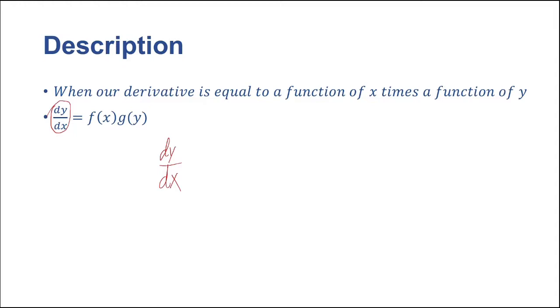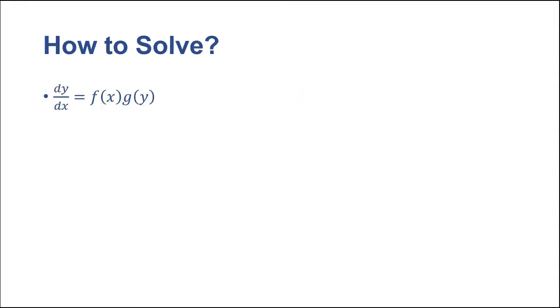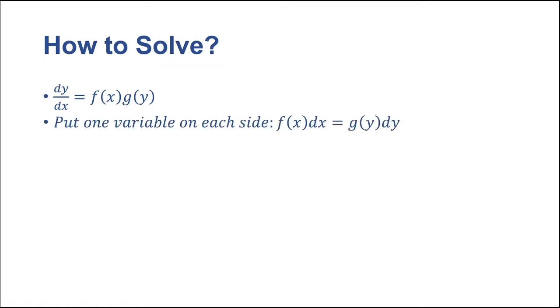Okay, so let's talk about how to solve these in generality. So again, say dy by dx is equal to f of x times g of y. What we're going to do to make it easy to solve this is manipulate this so that we get everything on one side. We get all of the x things on one side and all of the y things on the other.